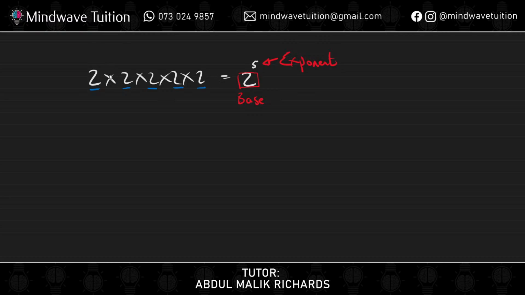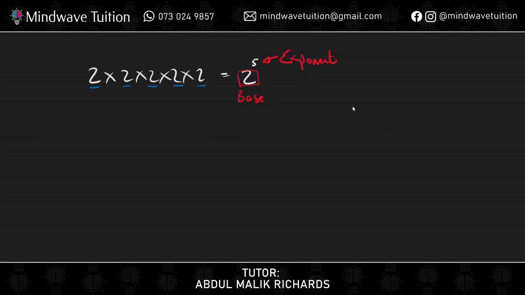In high school you'll learn that every single base will always have an exponent. In this case it's invisible, but nonetheless a base has an exponent, and the exponent just tells you how many times that base must be multiplied.